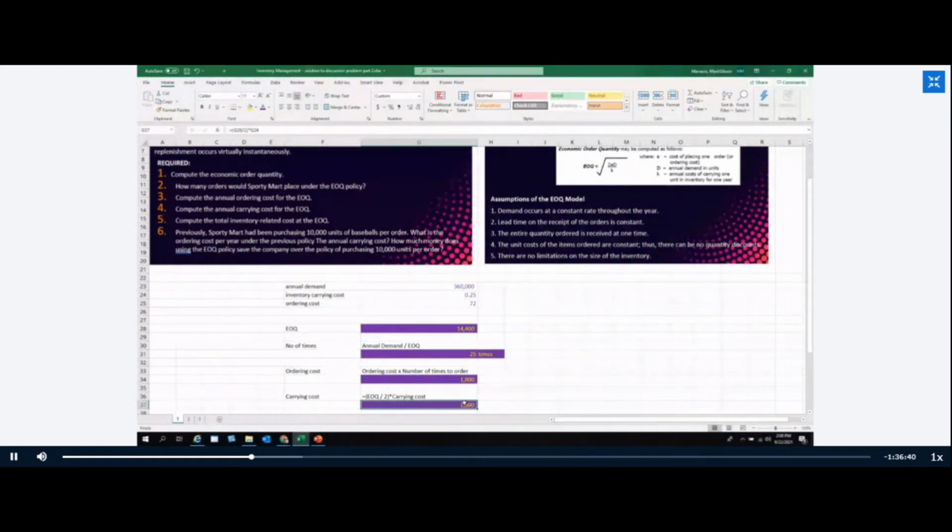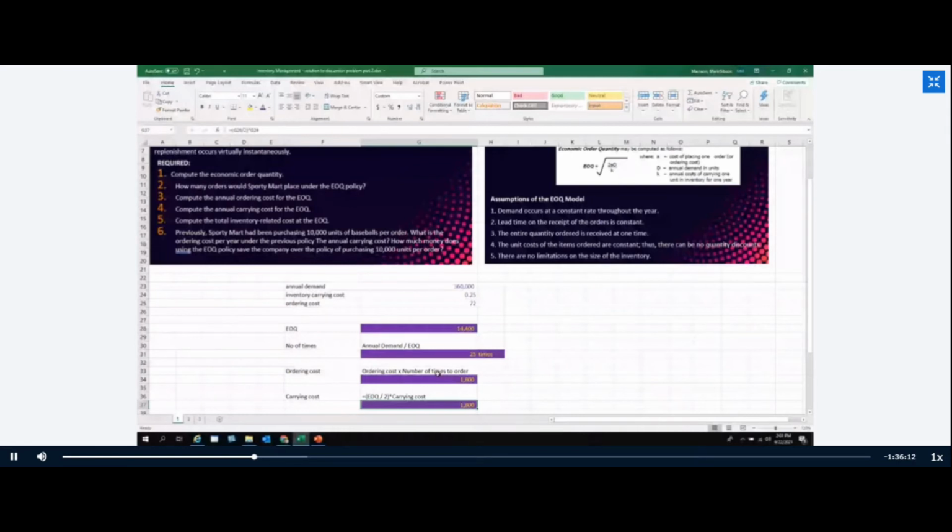So class, dito pa lang, because we're talking about the economic order quantity, eh alam mo na ang ordering costs and carrying costs will be the same, no? In EOQ. Kasi nga, this is the point where we minimize both ordering costs and carrying costs, no? And when we say minimize, basically class, hindi naman zero out eh.